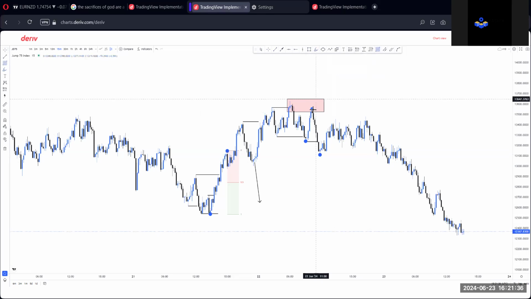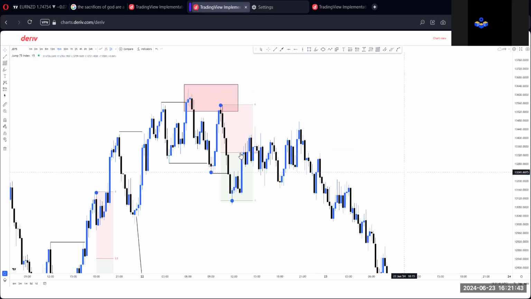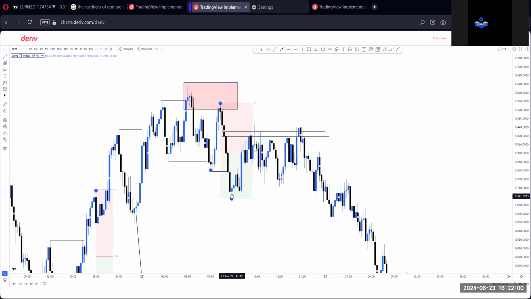You take your premium and discount from this high to this low, and that becomes your dealing range. And you allow price to come into premium. And in premium, for me, I do fair value gaps, so I could have found this perhaps. Yes, it's easy to see some of these things when you are backtesting, but for the fact that I've been able to see it while backtesting, it's a plus.